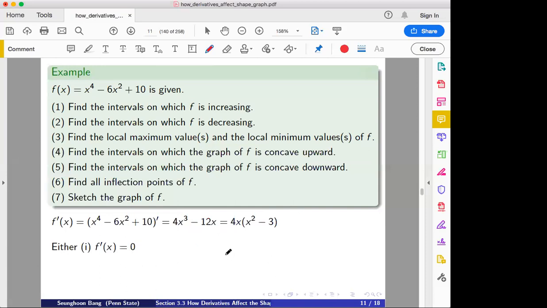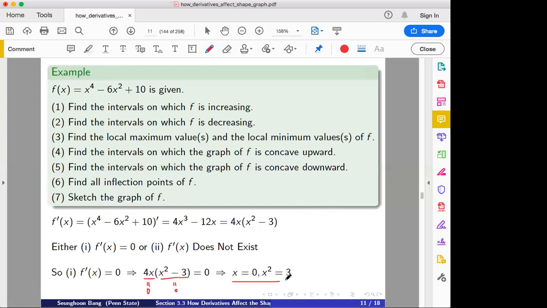Next, find where f prime of x equals 0 or does not exist. F prime of x equals 0 when x equals 0, or when x squared minus 3 equals 0. Then x squared equals 3, so what is x?